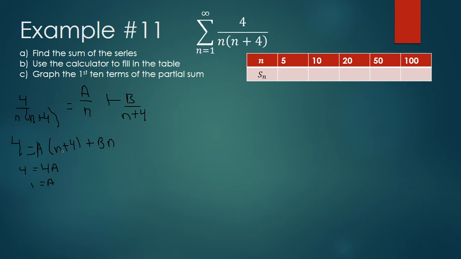And if n is negative 4, then 4 is equal to negative 4b, and that gives me b is equal to negative 1. So this series becomes 1 over n minus 1 over n plus 4. It's not geometric. If I use the nth term test, I get that it's equal to 0. Therefore, I cannot use the nth term test.